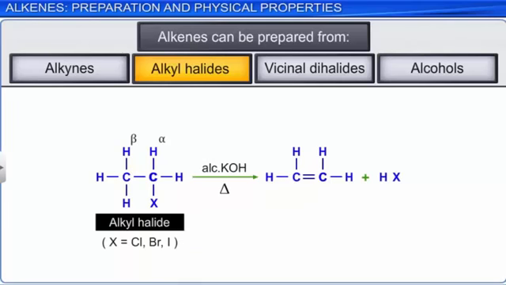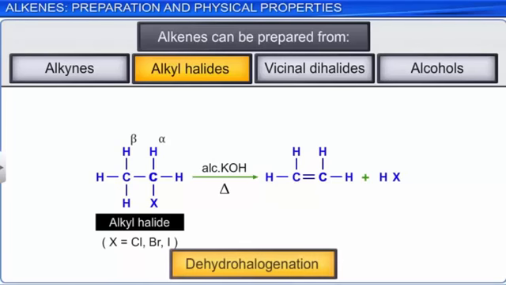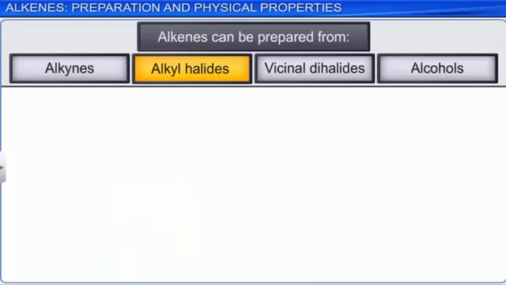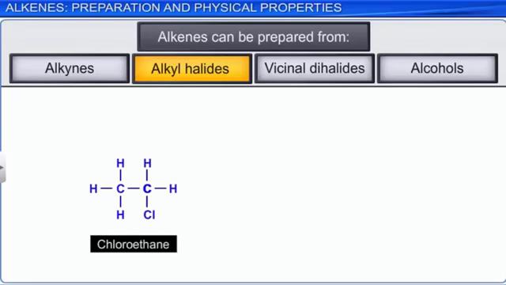As hydrogen and halogen atoms are removed in the form of halogen acid from alkyl halide, the reaction is also known as dehydrohalogenation reaction. For example, chloroethane on heating with alcoholic potassium hydroxide forms ethene.